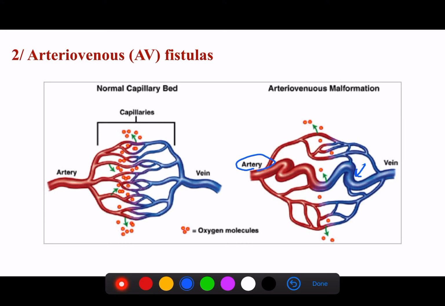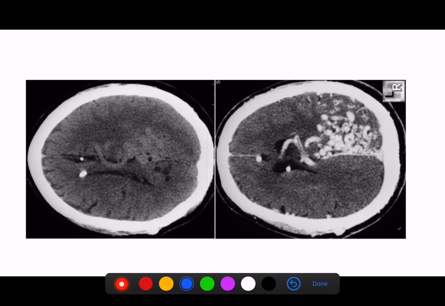But when blood under this pressure transfers from artery to vein, the vein will rupture and cause local hemorrhage at the site of the arteriovenous malformation. This is fatal in the brain, and in other sites, maybe within the rest of the body, it is not as important, I think.